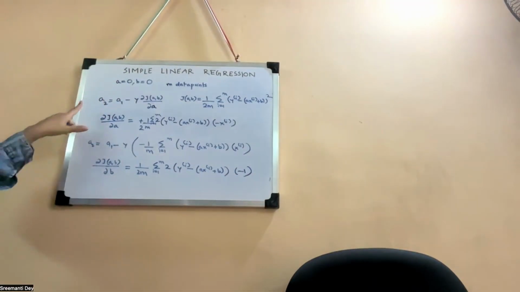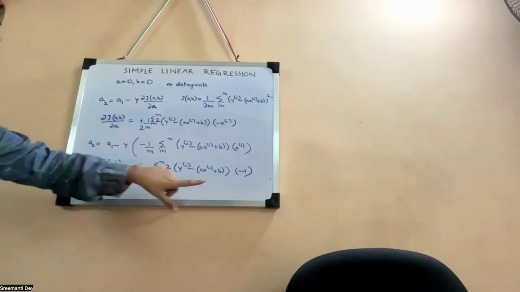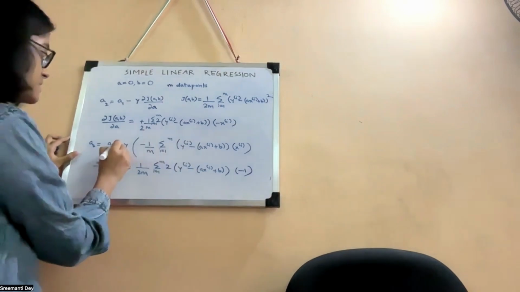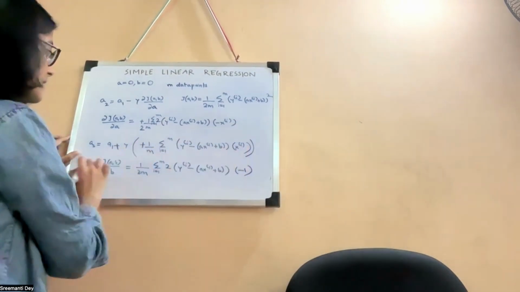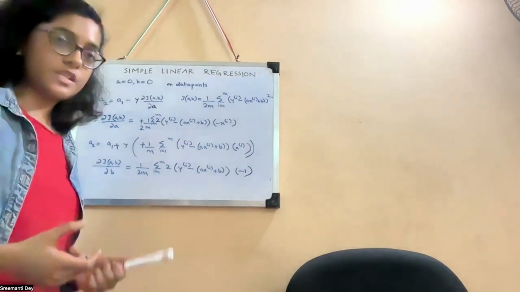So now I think you can do it on your own. B1 equals B0 minus gamma times this. So you can just place it there, and this is the final equation that you need to remember, and this will come in use in your interviews.